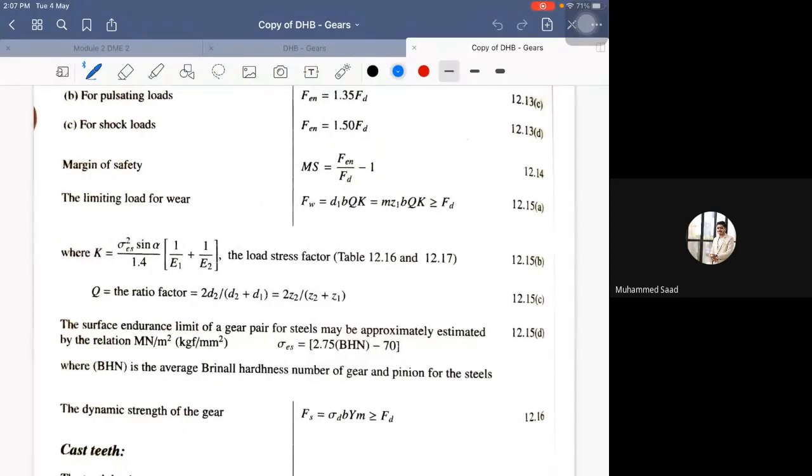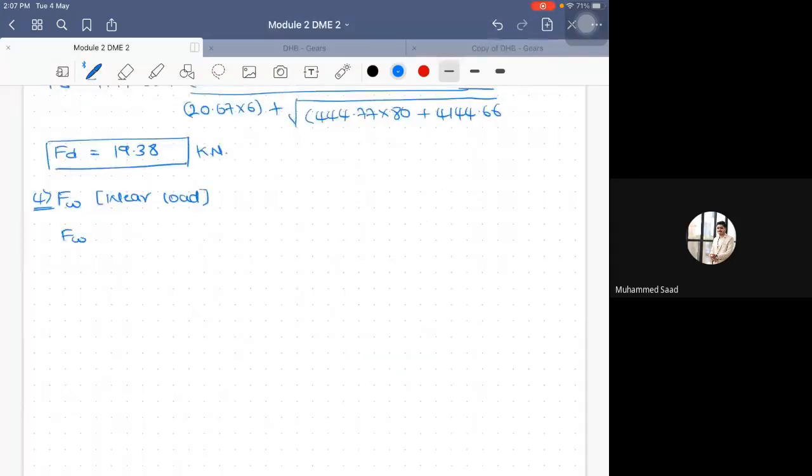So here is the expression for the wear load. You can take it from this. Can you just show me the expression, or I'll just take it from here? I do have a data handbook here. b, d1, Q, K. So plenty of parameters are there.